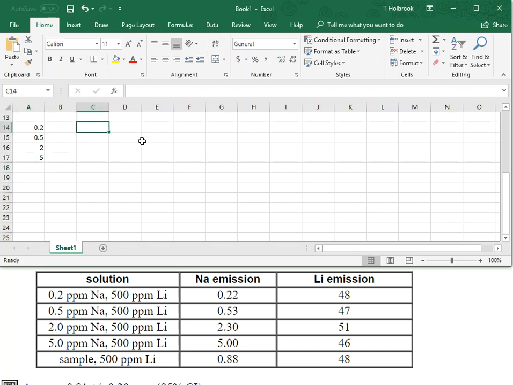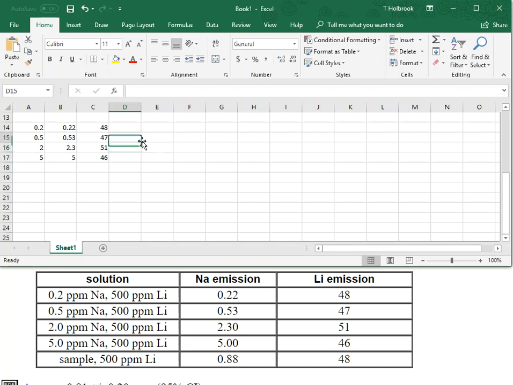The signal from my sodium is 0.22, 0.53, 2.3, and 5. But I also have a lithium standard at 48, 47, 51, and 46. Notice I've not done anything with my sample yet.